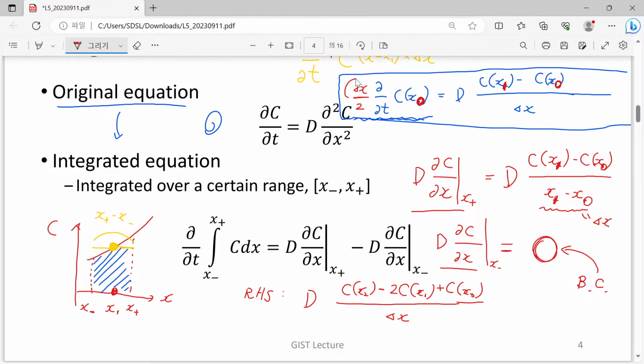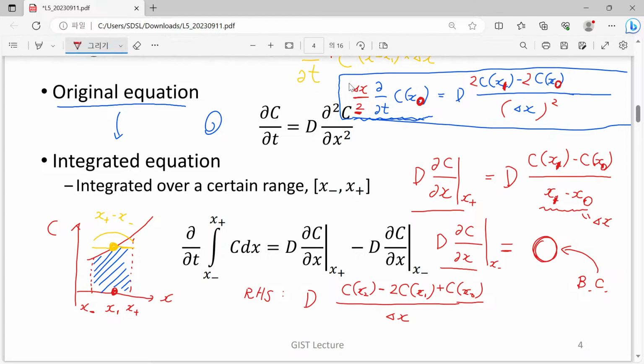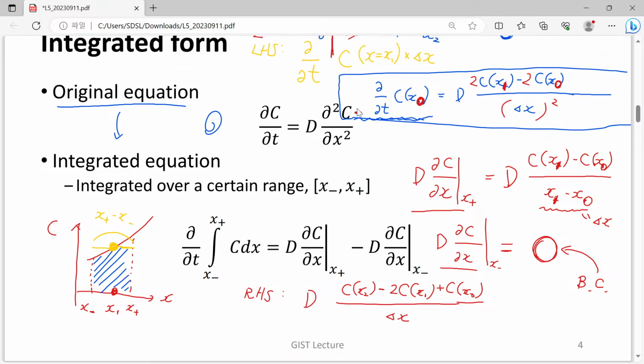Still, that looks quite annoying, so let me just eliminate it. Then delta x becomes, as usual, the square of delta x. But please note that here we have an additional half, and this half goes here, so now we can safely eliminate this form.